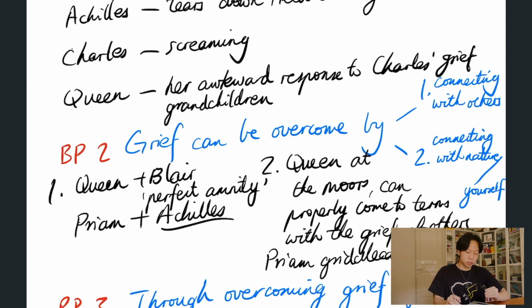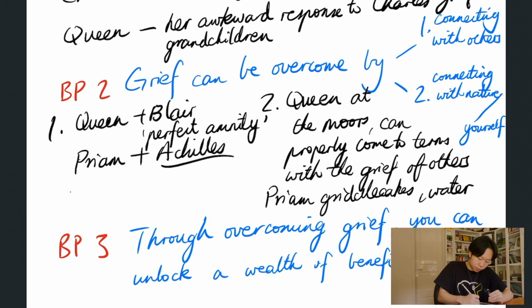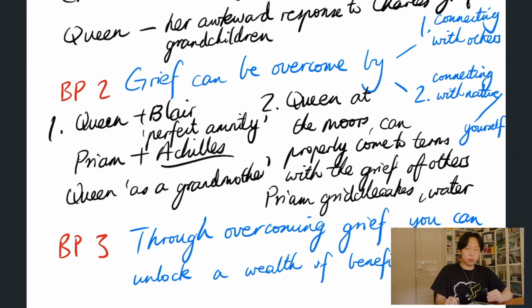And another instance of connecting with others is where the Queen grieves with the people. Through her just saying, as a grandmother, in her speech, she gives a conduit. She alleviates and brings catharsis to the people.